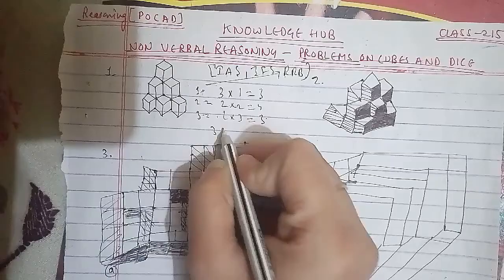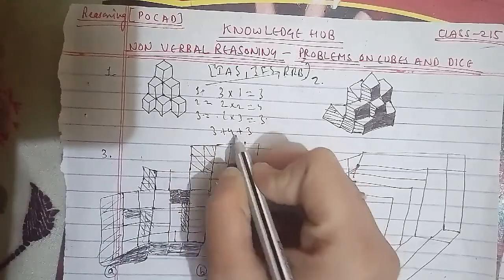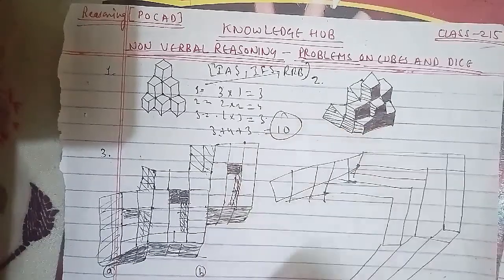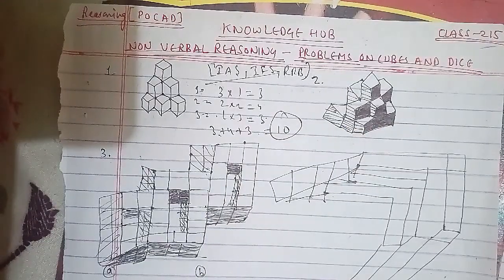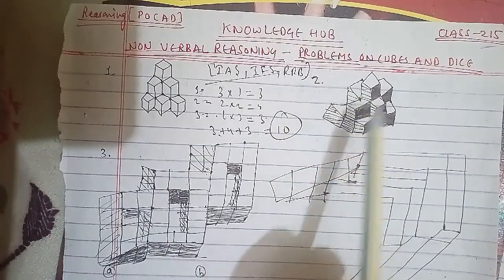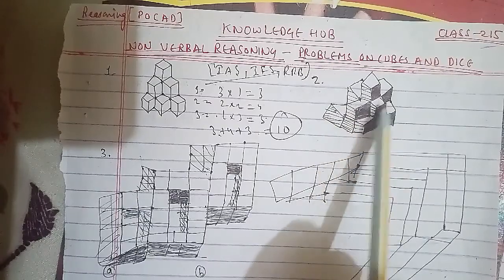We'll go ahead with another one, the second question. Consider the following figure. As you can see here, this is the figure. You can see clearly that in this figure there are 4 columns containing 1 cube each, 4 columns containing 2 cubes each, and 1 column containing 3 cubes.